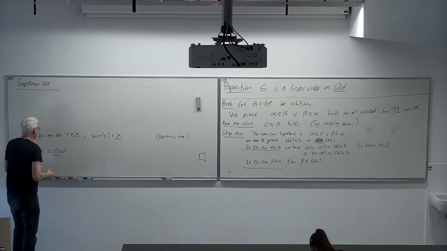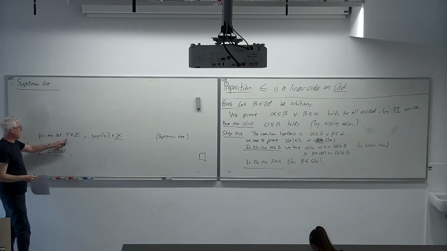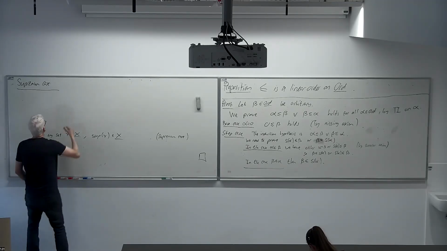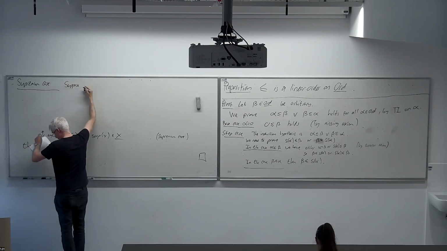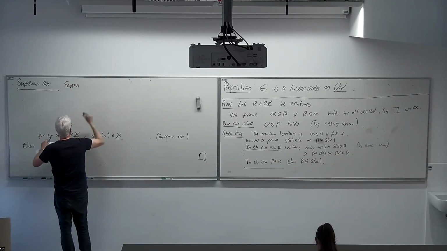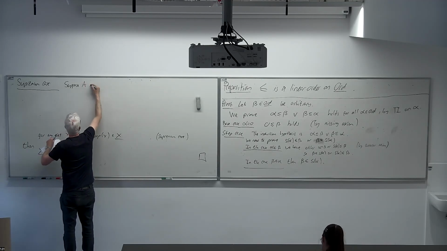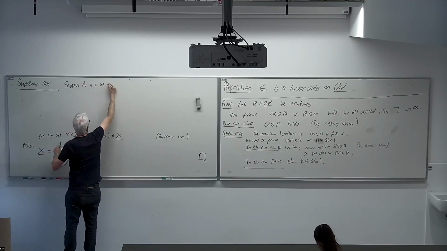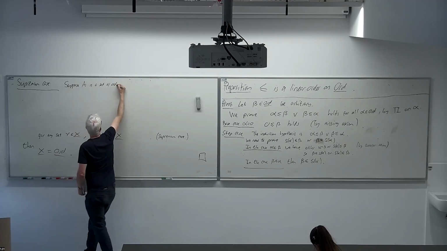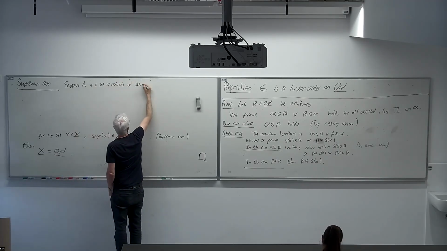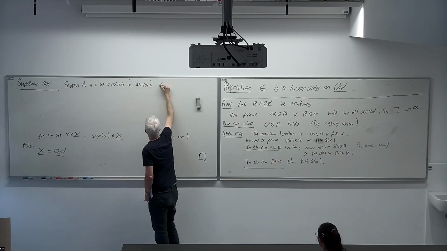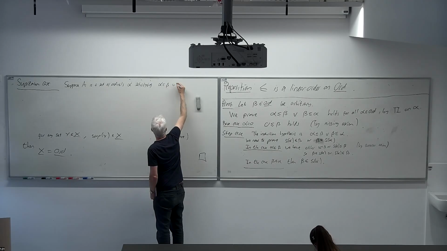So for the supremum case, let's suppose that A is a set of ordinals alpha satisfying that alpha is less than or equal to beta, or beta is less than or equal to alpha.